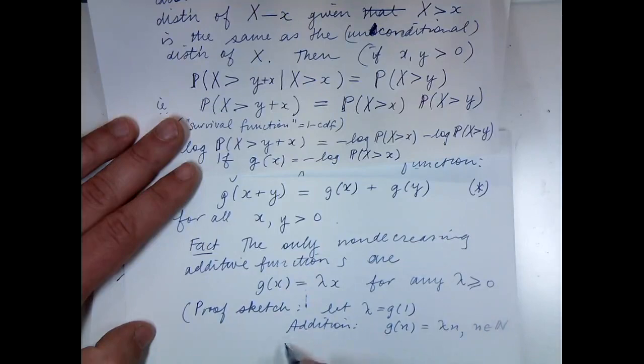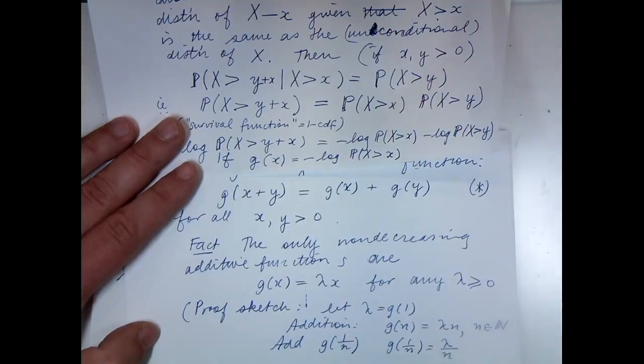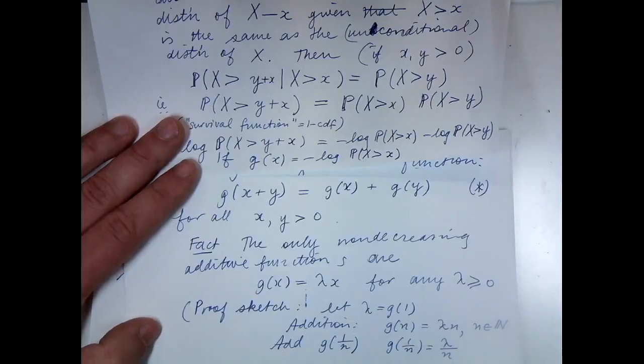And then using addition in a different way: if you add up n copies of g of 1 over n, you get g of 1, which is lambda. So g of 1 over n equals lambda over n, because g of 1 over n has to be something that you add n times and get g of 1, which is lambda. Adding again, g of m over n is equal to lambda m over n. So we're fine for positive rationals.